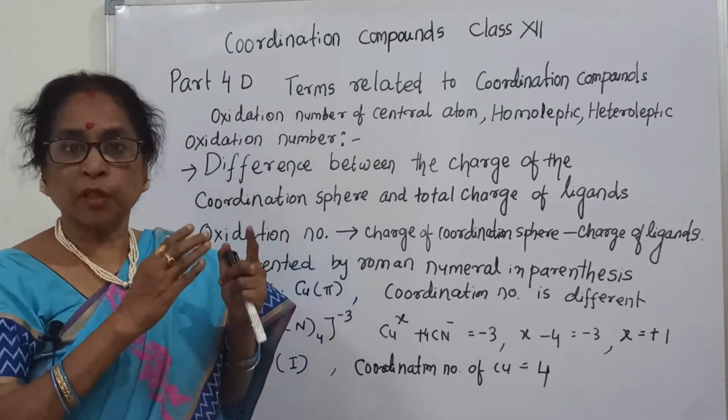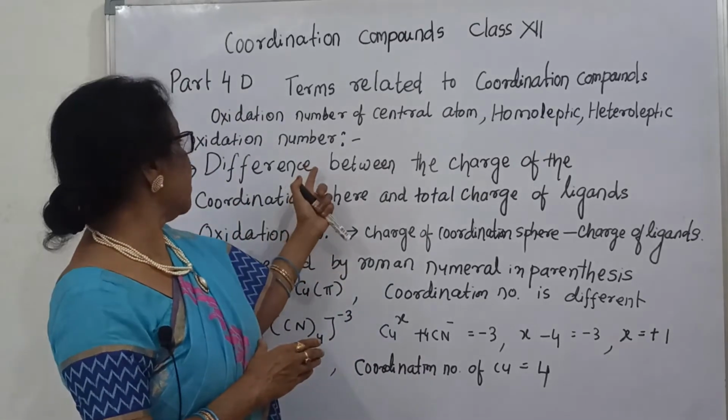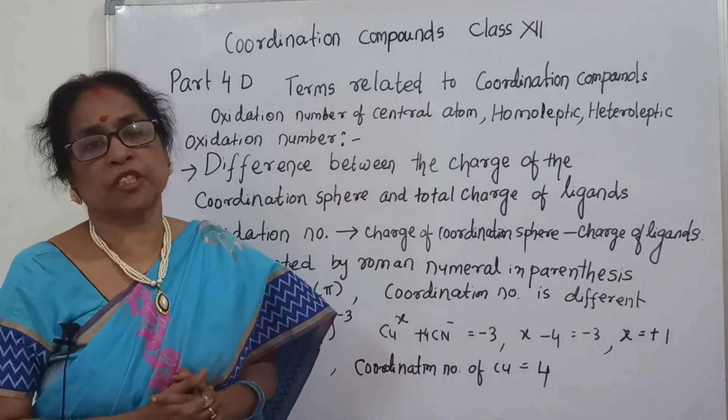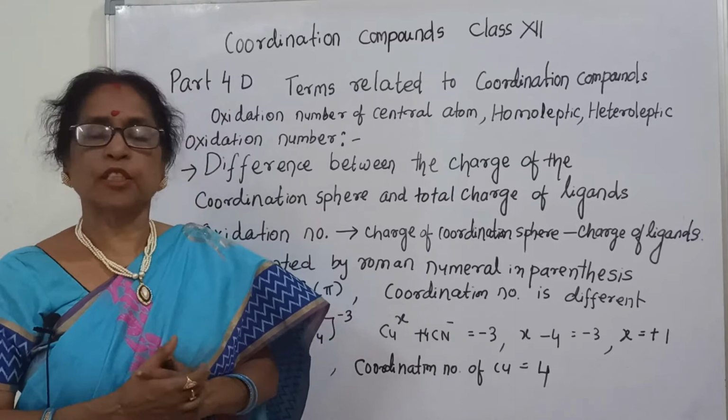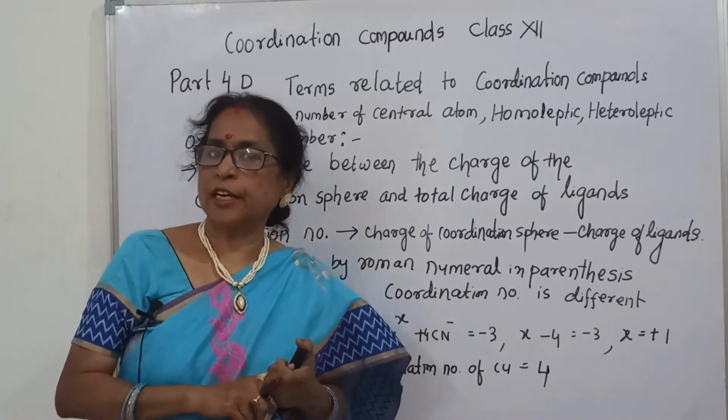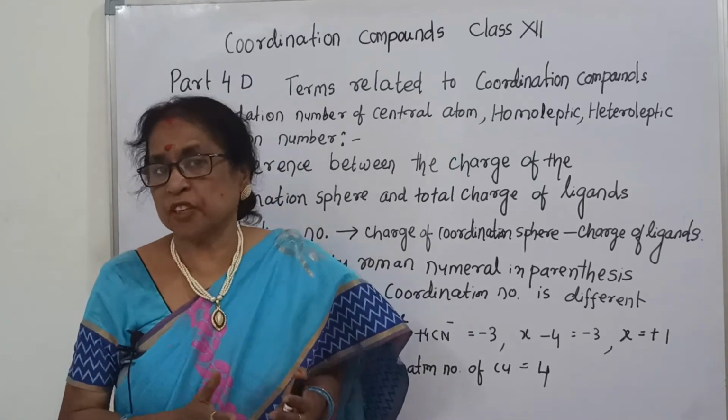Here you take the difference between the charge of the coordination sphere minus the total charge of the ligands. You know, ligands may be negative ions, molecules, or a mixture of both.